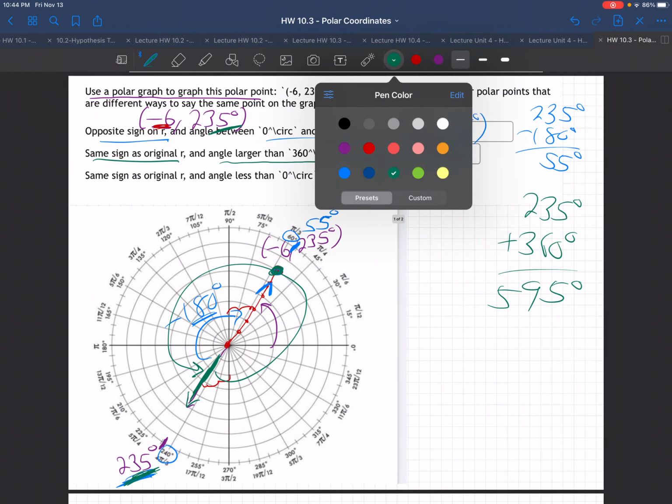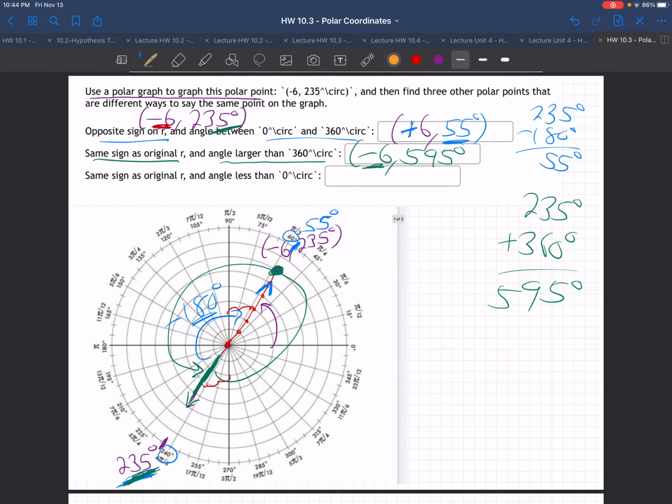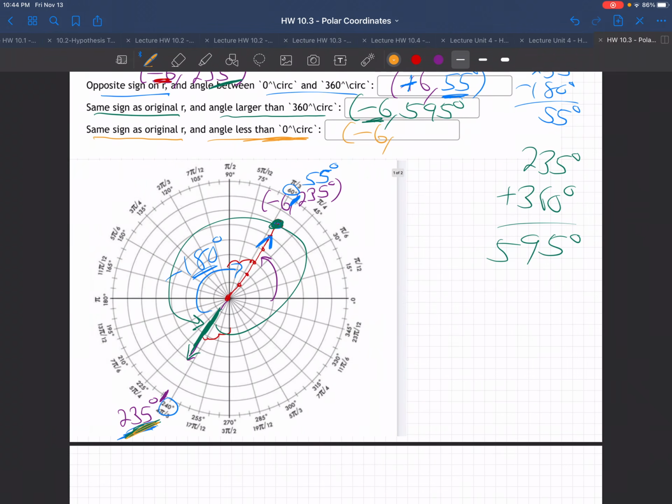Finally, last one, fourth way to say that same point. Same as the original R, so again, we're sticking with the backfire. And the angle less than 0. Oh, they want a negative angle this time. So before we had 235, so now we just take the 235 and we subtract 360. Because remember, you can always add or subtract 360, and you won't change where you're facing.